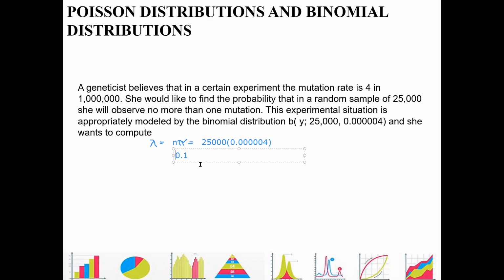Okay. Now next is ganun ulit. We find for the probability if Y is less than or equal to 1.